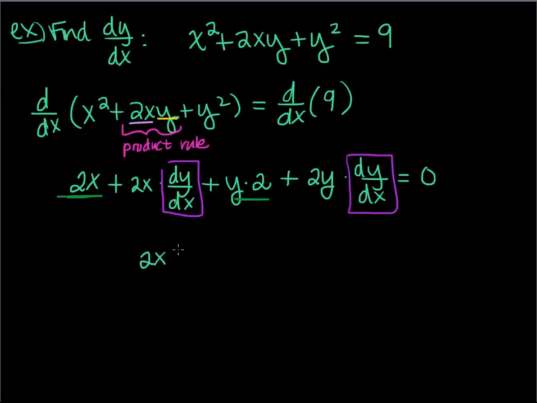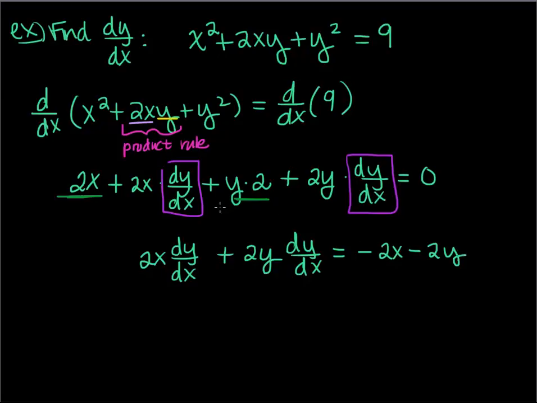So I'm left with 2x dy/dx plus 2y dy/dx. Again, calculus is easy, it's the algebra that can be tricky. I don't like y2, so I'm going to make that 2y. I just subtract each one of these and I get negative 2x minus 2y. Again, I just took these two terms and moved them over here. Now I'm going to factor out.